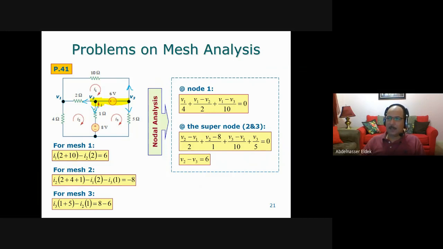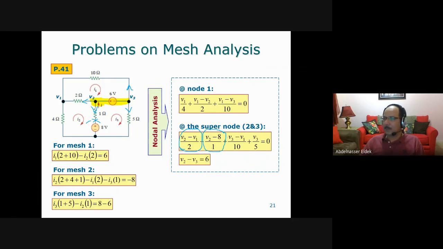The first current here is V2 minus V1 divided by 2. Second is V2 minus this voltage here, which is 8 volt, divided by 1. So it is V2 minus 8 divided by 1.